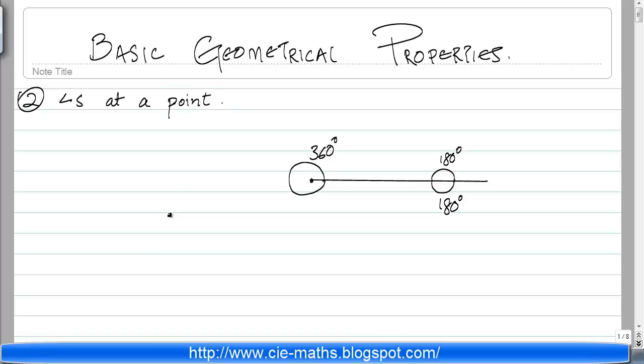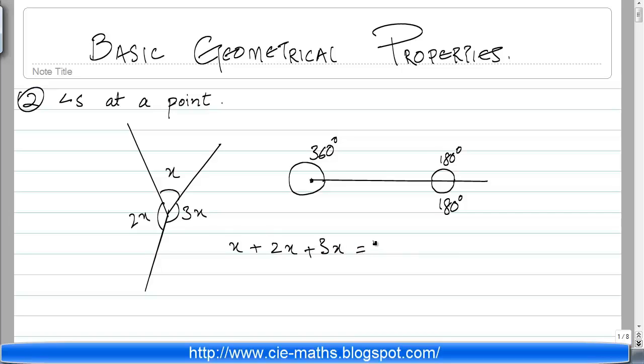Let's apply this knowledge in an example. This is x, this is for example 2x, and taking this to be 3x, I can say that x plus 2x plus 3x is equal to 360 degrees.